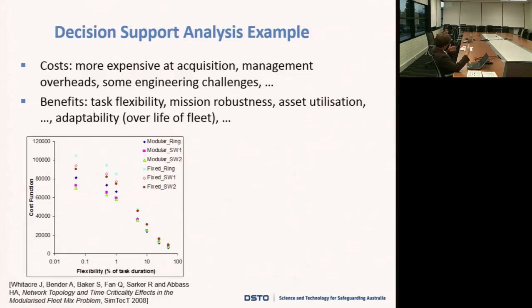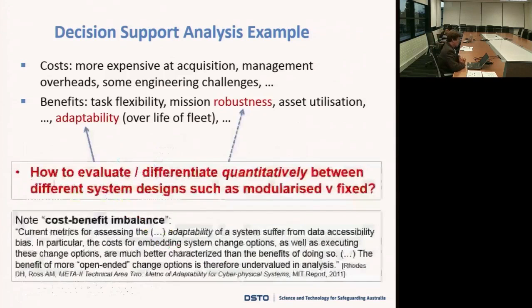A mission could be a logistics mission or a reconnaissance mission. There are obviously things that you can also evaluate quantitatively, such as utilization of your resources, in this case vehicles. But there are other bits that are pretty hard to really decide, and I'm mentioning here the two that I'd like to talk about for the rest of this afternoon, namely robustness and adaptability.